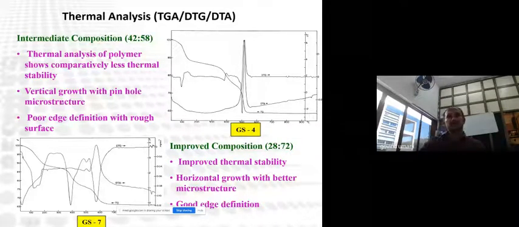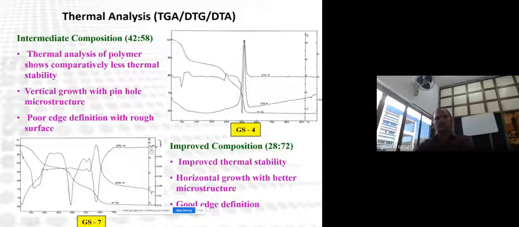So what we observed in the first case of SG7, the thermal analysis clearly shows that it is less thermally stable. Vertical growth with pinholes is observed because there is a fast degradation of the organic content, which results in poor edge definition with a rough surface.